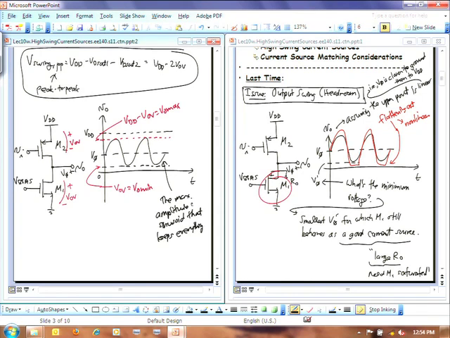I should say output sinusoid that keeps everything linear. And if I go higher than this, so for example, my input becomes an even larger sinusoid. I guess I should draw the input here too to be complete. So my input, which is this voltage here, is going to look something like this versus time.